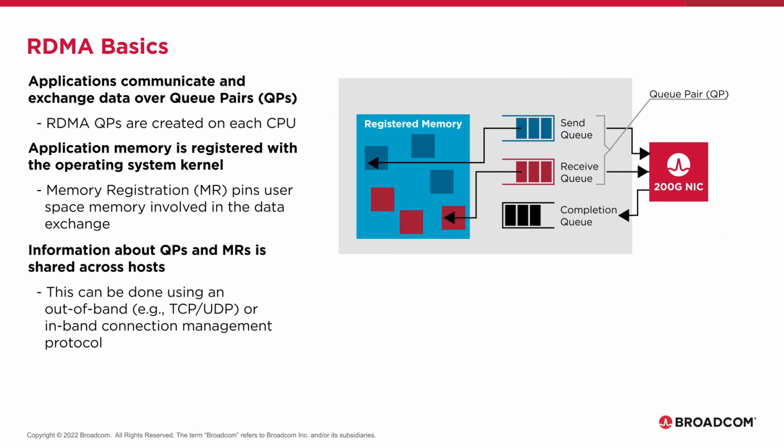This exchange can be done either using an out-of-band communication, for example TCP/UDP sockets, or using an in-band connection management protocol. Once the QPs and the MRs are set up and information related to them exchanged, an application can signal an RDMA transfer to start.